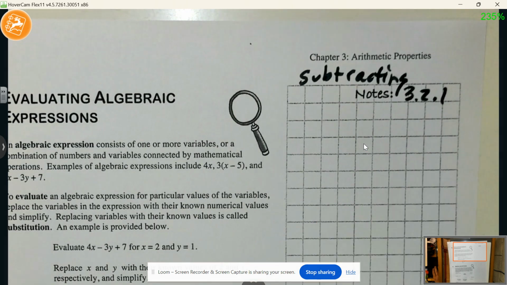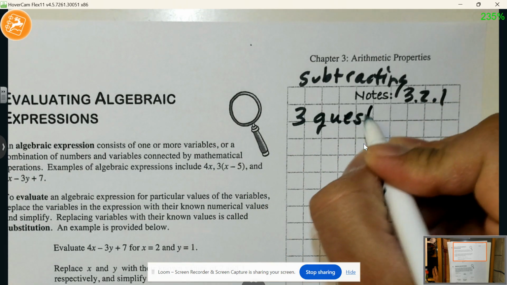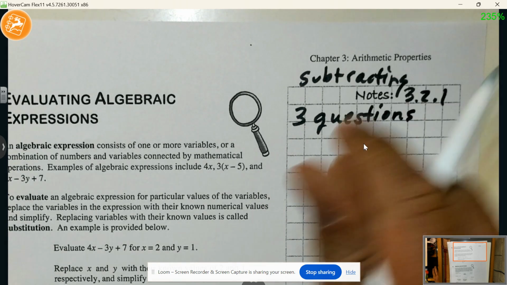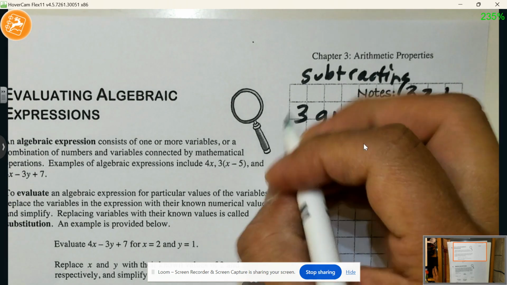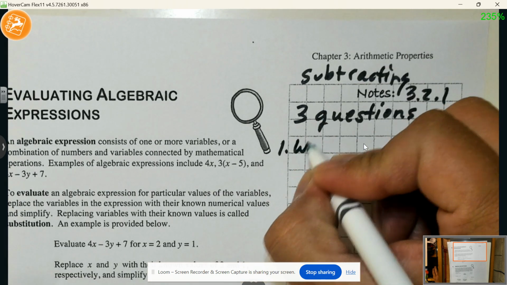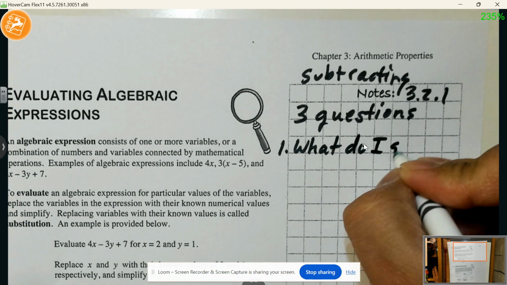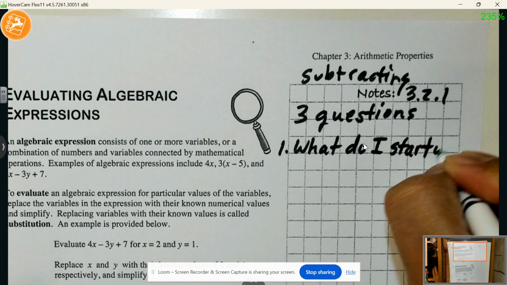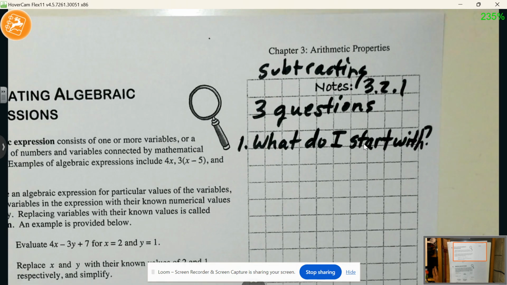So the first question that we need to ask when we're subtracting a problem, this will kind of keep you a little bit grounded with your procedures, is question 1. What am I starting with? And that's usually the first number that's there in the problem.